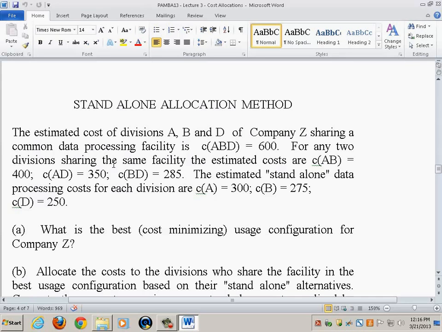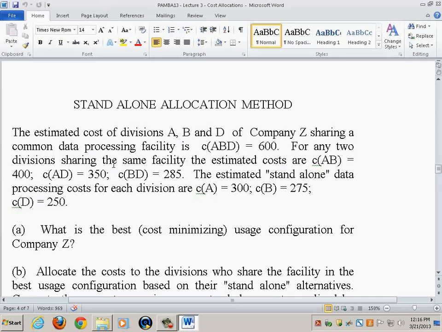But the idea is that in most cases, instead of having joint facilities and joint production, we could theoretically have separate dedicated facilities for each product or each service. Maybe outrageously expensive, and that's why we don't do it, but theoretically it's possible.